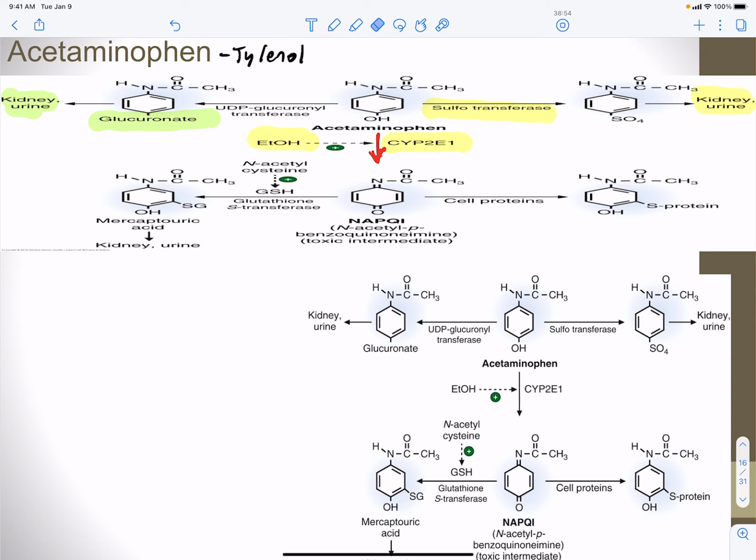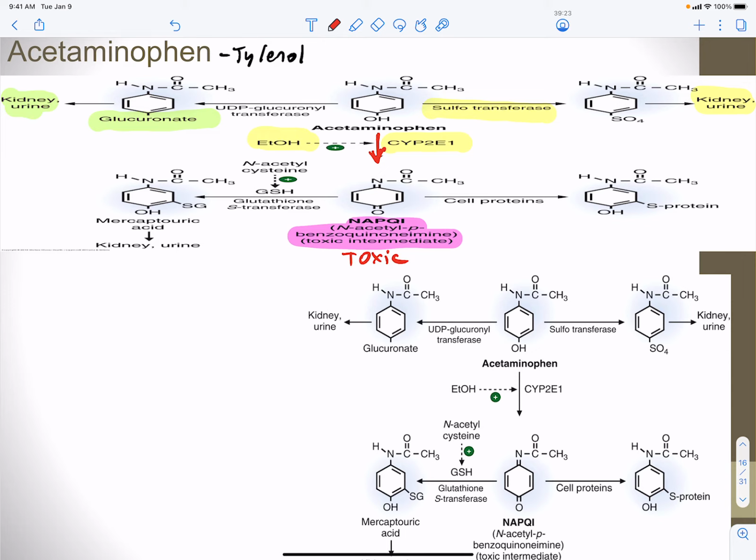So in the presence of excess acetaminophen, in the presence of alcohol, your cytochrome P450 is going to produce the toxic intermediate N-acetyl-p-benzoquinone imine, or NAPQI. And so NAPQI is toxic.